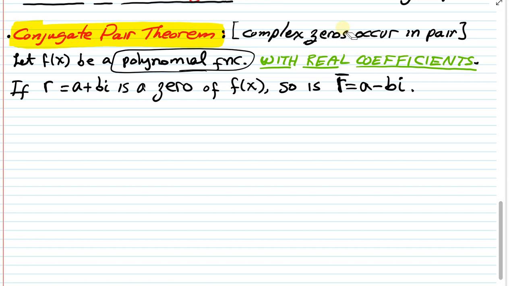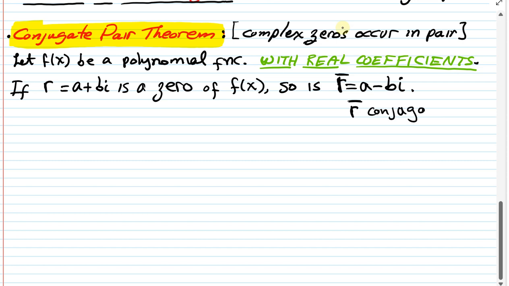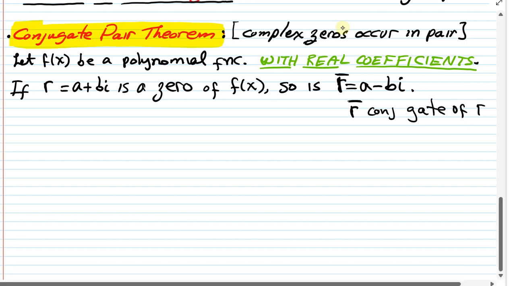Now if r in the form of a plus bi, in other words, if one of the roots is a complex number a plus bi, then so is the conjugate of that. Remember, a minus bi and a plus bi are conjugates. So r bar here, r with a bar, is the conjugate of r, and vice versa. These are conjugates of each other.